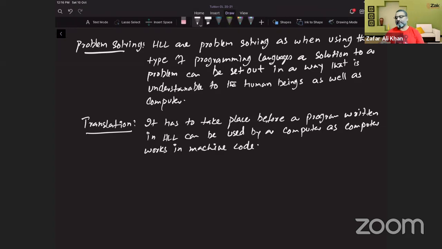The whole purpose of translation is to convert your high-level language program into machine code so that it can be directly consumed by the microprocessor, as the computer can only make use of machine code.